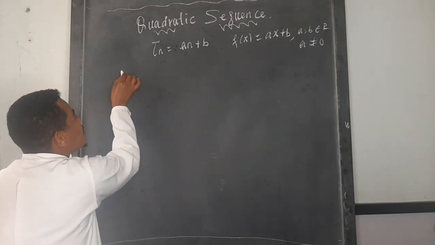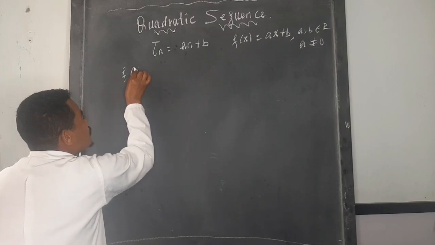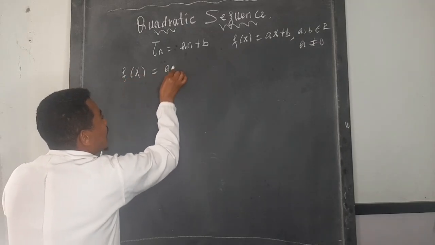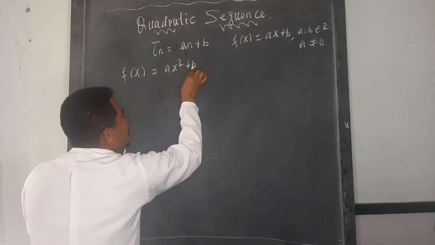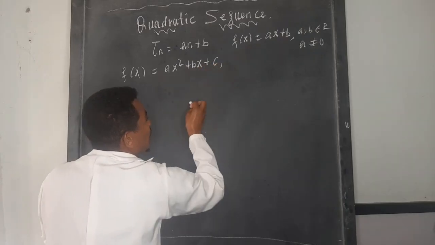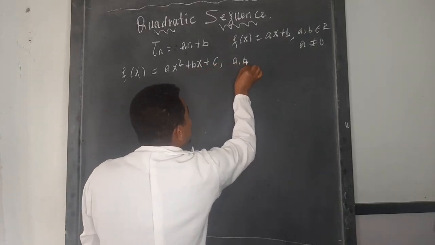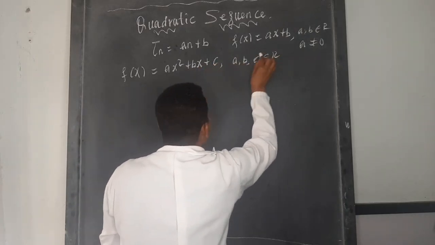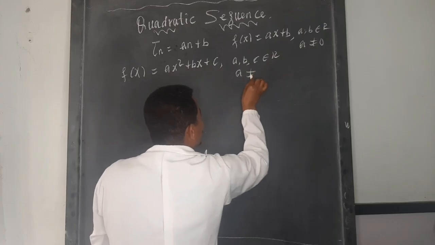A quadratic function has the form f of x is equal to ax square plus bx plus c, where a, b, c are elements of real numbers and a is different from 0.